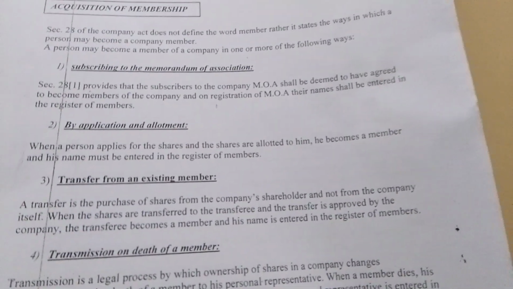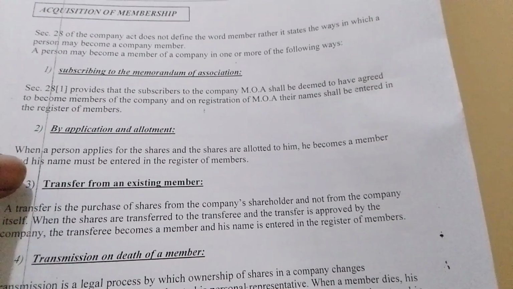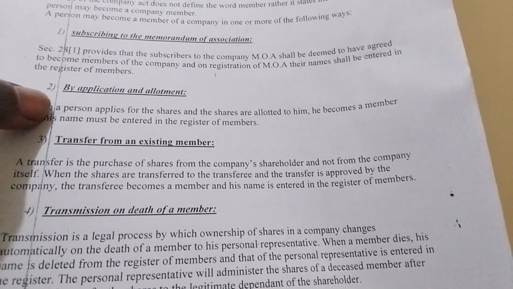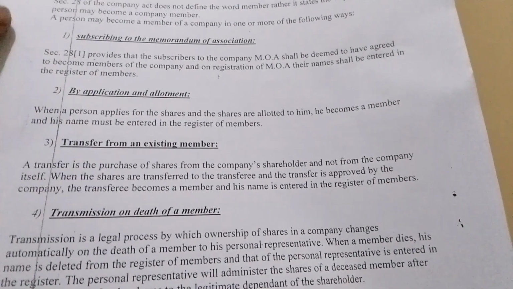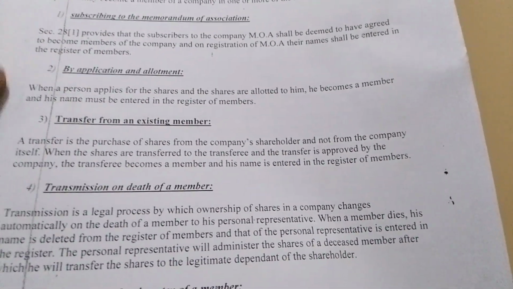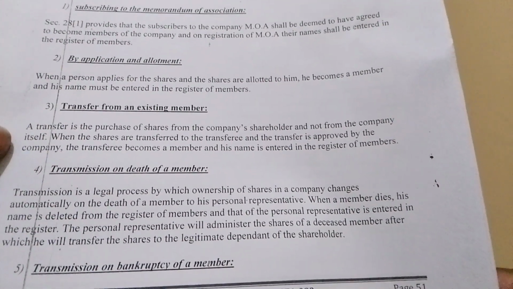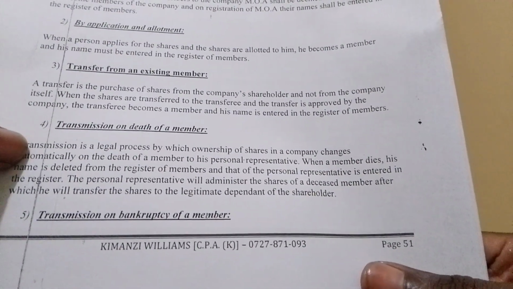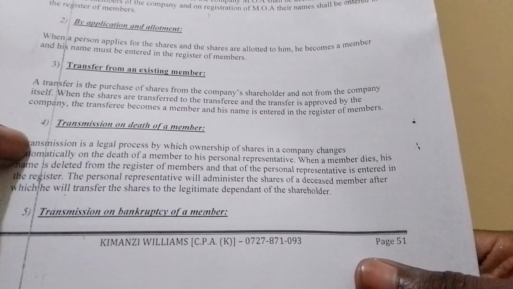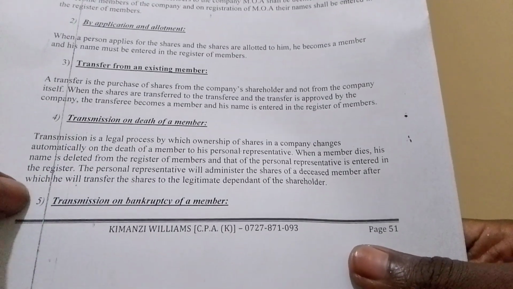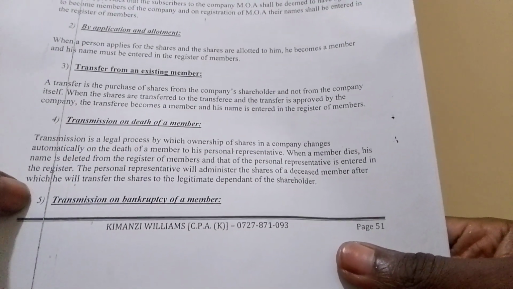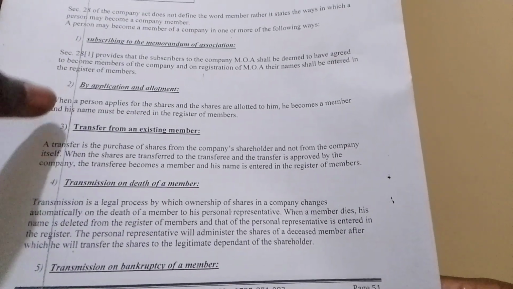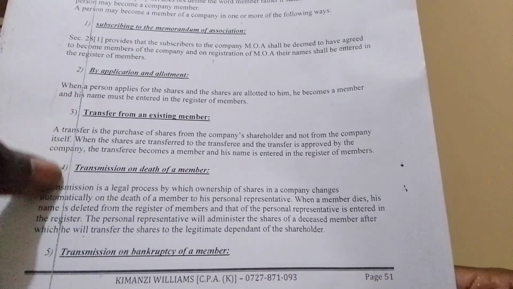Number 2, by application and allotment. Number 3, transfer from an existing member. Number 4, transmission on death of member. Number 5, transmission on bankruptcy of a member. I believe you have written those 5.